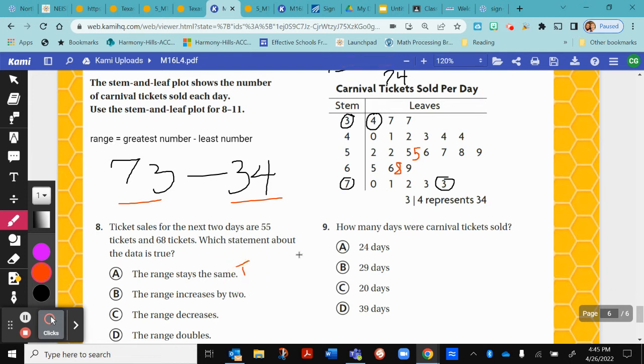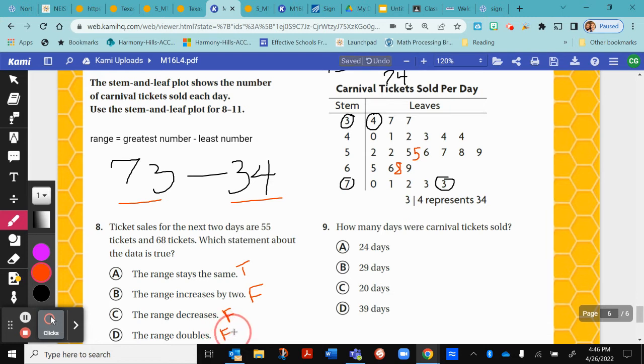Very good. But let's check out the rest. The range increases by 2. Did we change the greatest number, and did we change the lowest number? No, so that's not going to work out. So it didn't increase. Did it decrease? Nope, didn't do that either, because the range, the greatest number and the least number still stay the same. The range doubles?